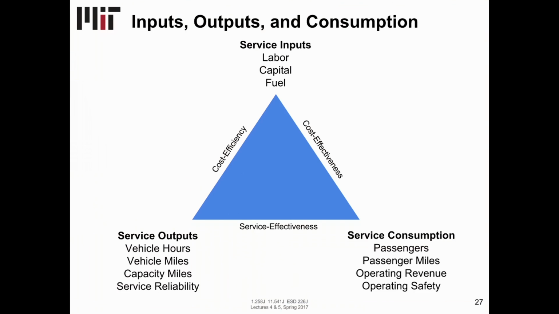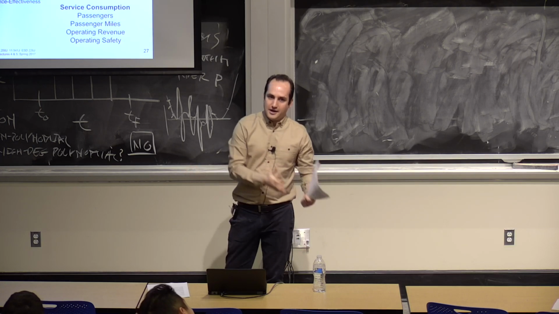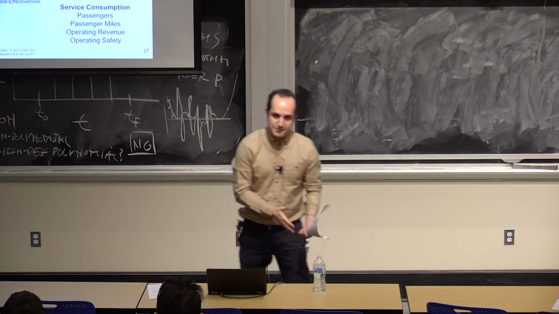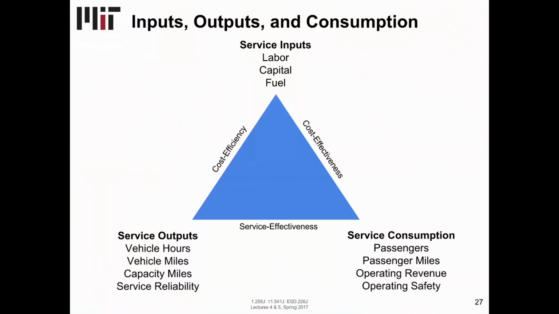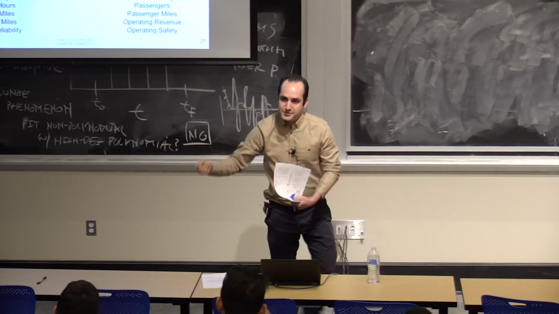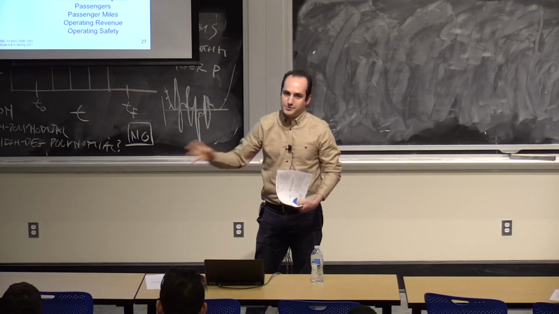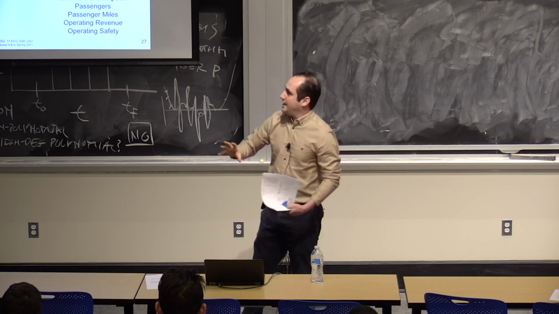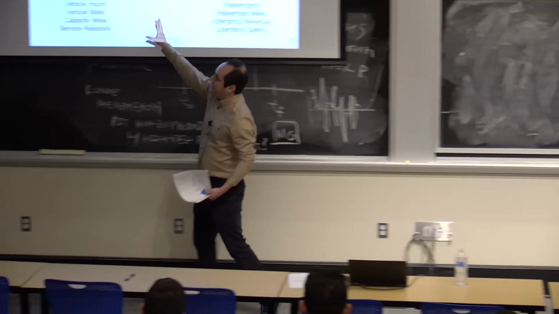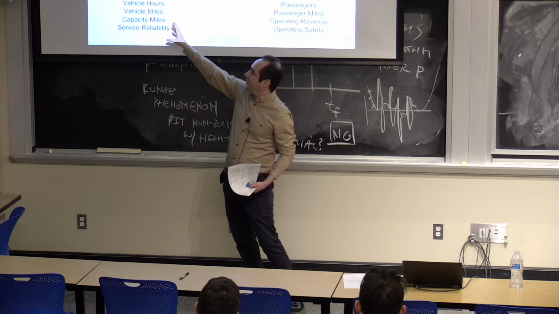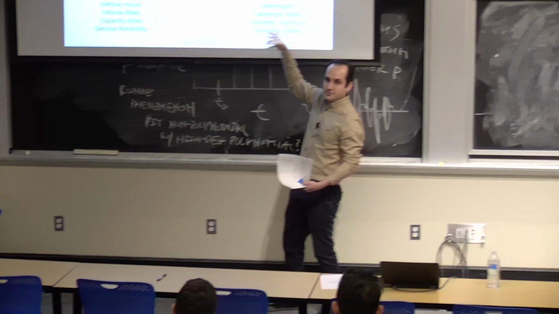For example, cost efficiency measures deal with how we are doing in terms of producing service given our available or consumed resources. The service effectiveness deals with how we're doing in terms of giving service to the public, moving the public, and producing mobility in the network, over the service that we have produced, how our service is appreciated and used and utilized.